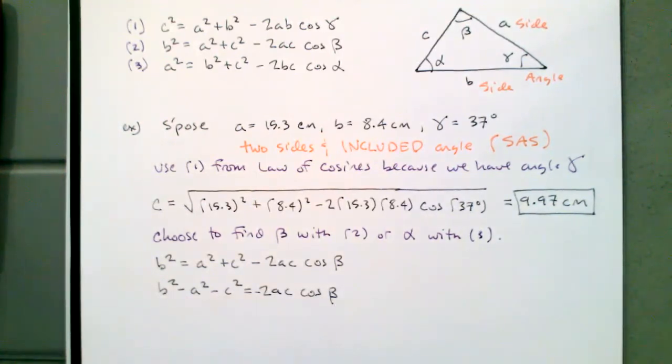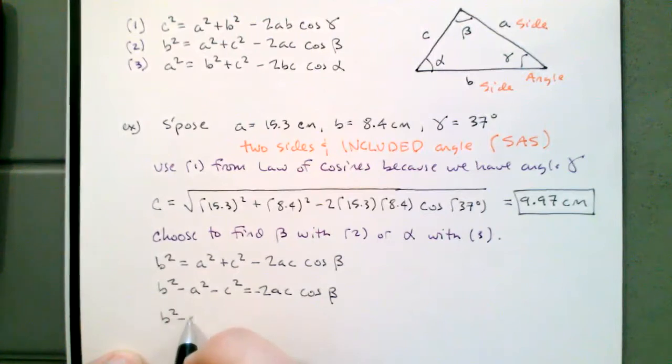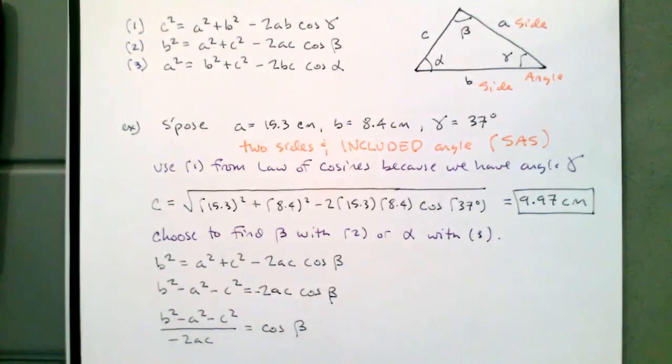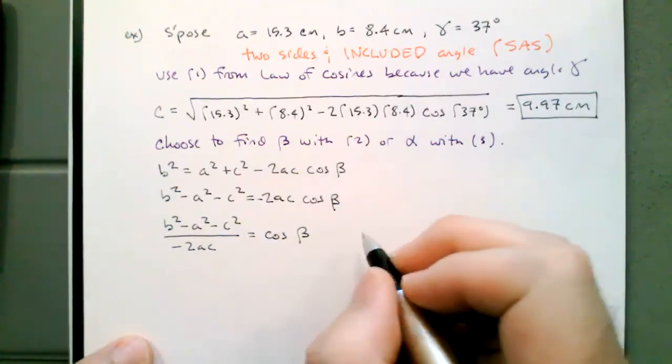I'm still trying to solve for beta, so I'm going to have to divide by the minus 2AC. So B squared minus A squared minus C squared all over minus 2AC equals cosine beta. And now we can apply the cosine inverse. So beta is cosine inverse.